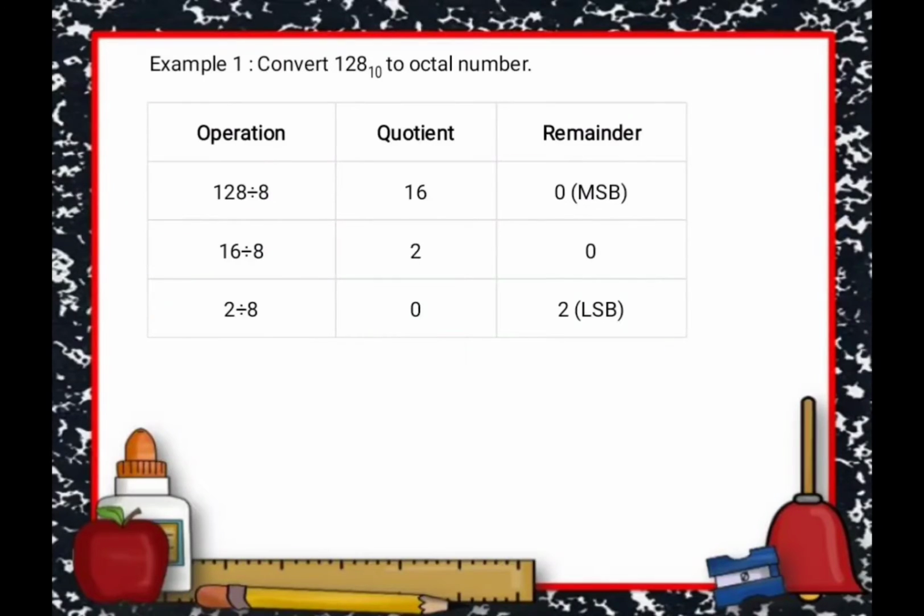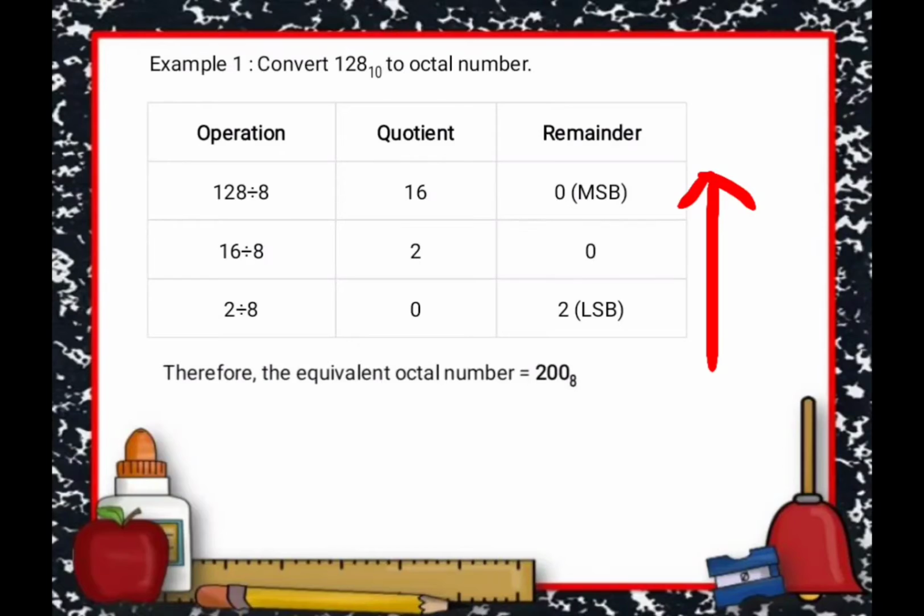Alright, so the octal number from the 128 decimal number is equal to 200 with a base of 8. So if you wondered why it became 200, it is because we listed the remainder numbers from bottom to top. So we have 2, we have 0, and 0.